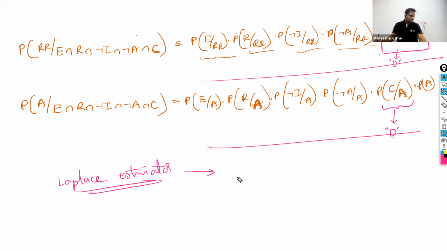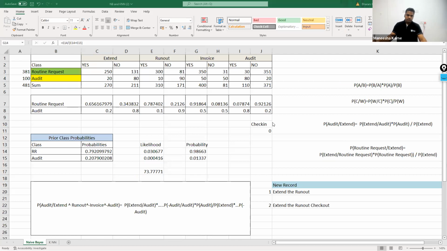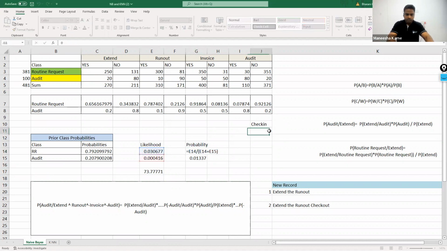What this Laplace does is, it is simply going to add 1 to all the places. Instead of saying that checkout did not appear, Laplace Estimator will add 1. The moment it adds 1, it means it appeared one time in audit related request.